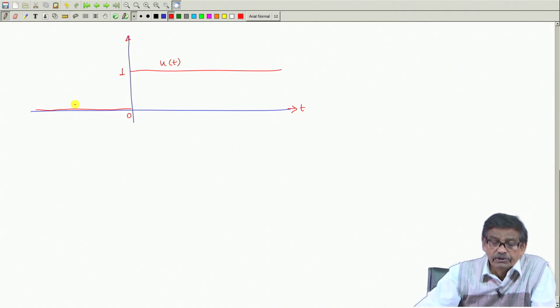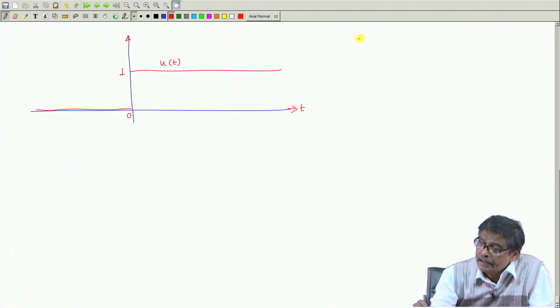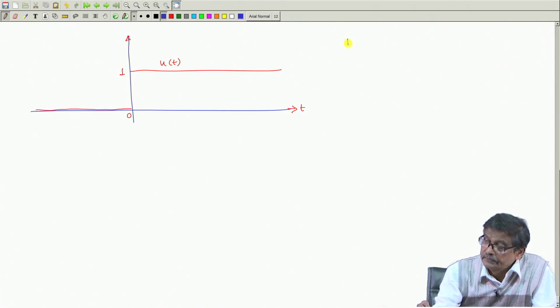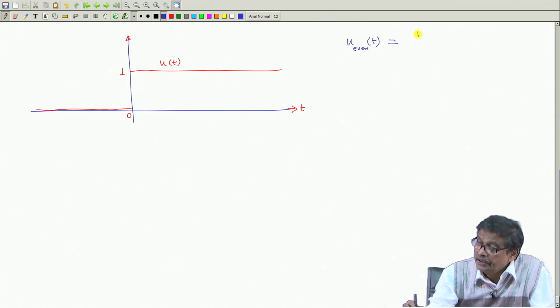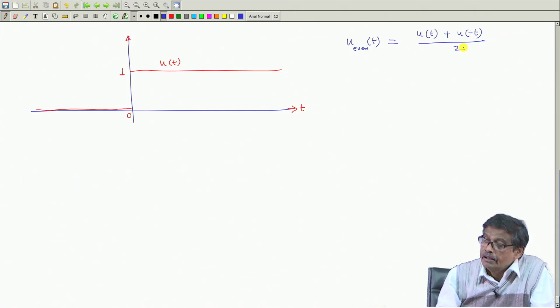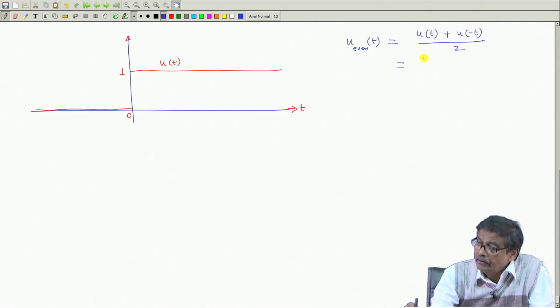Therefore, this unit step function can be broken up into its even and odd part. Its even part u even(t) will be how much? u(t) plus u(-t) divided by 2, that is what we learned. And what is u(-t)? u(-t) is 0, so it will be half.